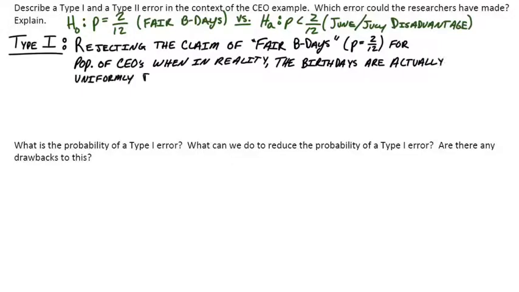Right? So when in reality, the birthdays are actually uniformly distributed, meaning the same proportion of CEOs born each month of the year. So that's one way we could make a mistake, the type 1 error. You reject that fair birthdays claim for all the CEOs, when in reality, CEOs' birthdays are, for the most part, uniformly distributed.